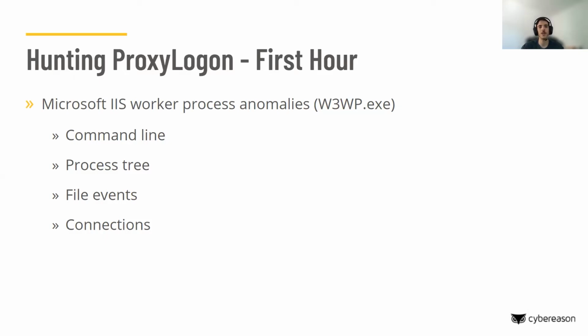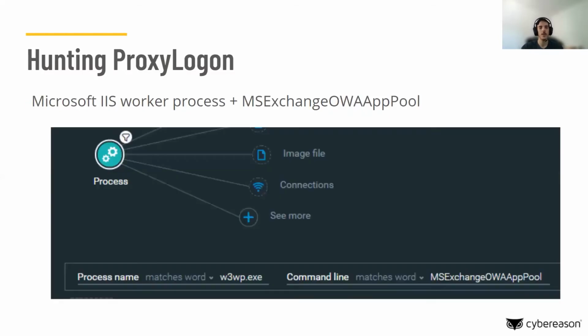Searching for these anomalies can be done by reviewing the command line of the IIS worker process tree, and behavior such as file creation, modification, and also external connections and more. To focus our effort, we identified a pattern highlighted in practically every blog post.